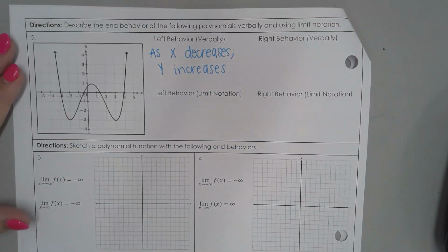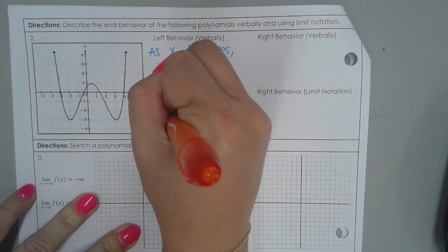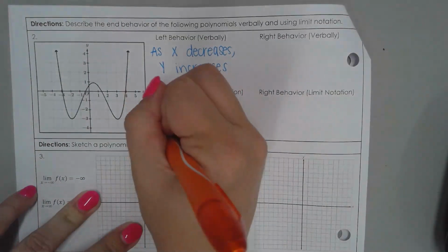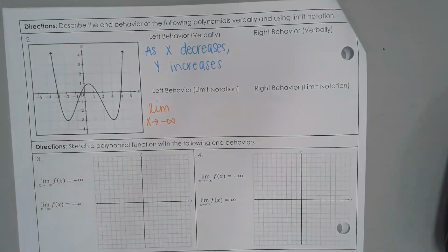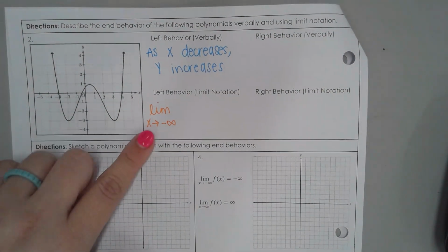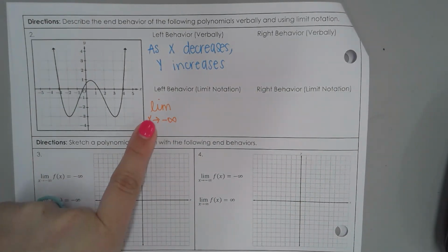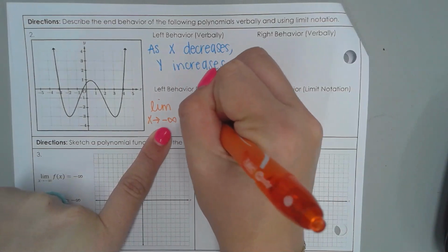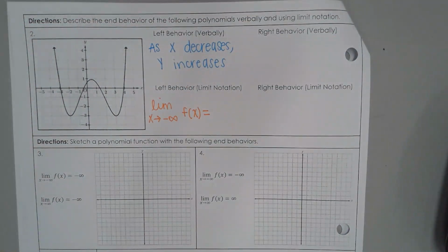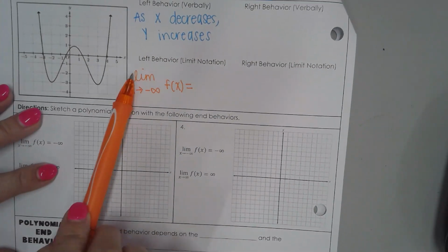So as a limit, I would say the limit as x approaches negative infinity. So we're talking about the behavior as x is getting smaller. X goes negative, x gets smaller, of my graph, which we'll just call f of x, equals, so this part right here, you're always going to have this.